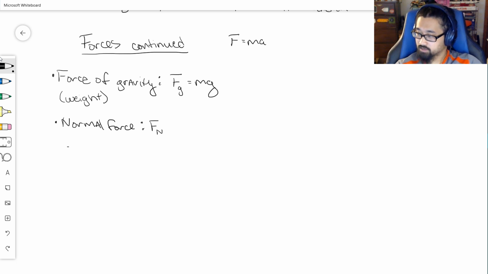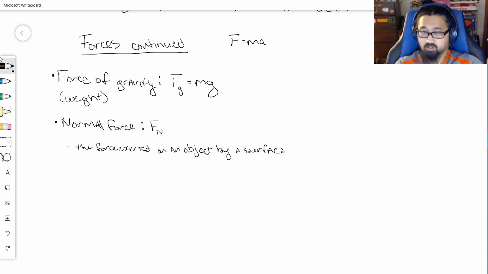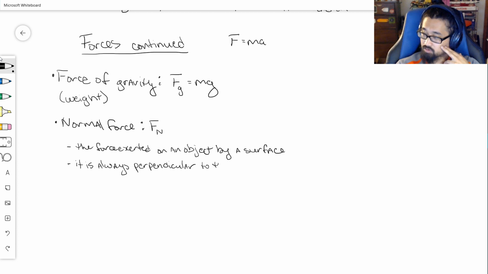This is the force exerted on an object by a surface. So your object has to be resting on a surface, whether horizontal, vertical, or at some kind of slant. It is always perpendicular to the surface.